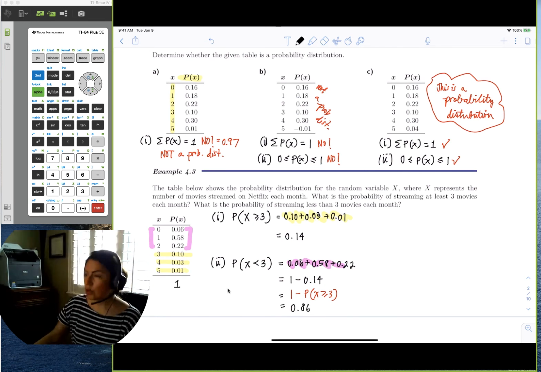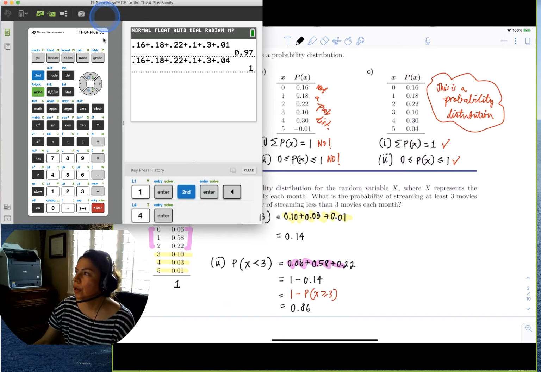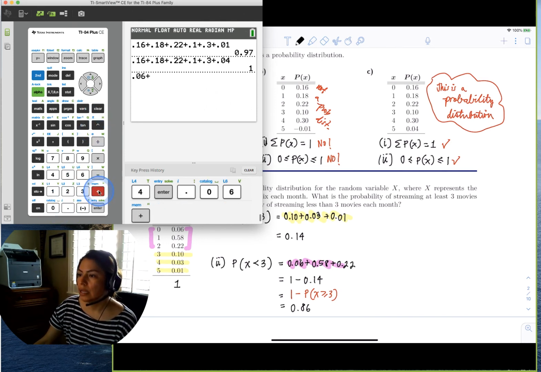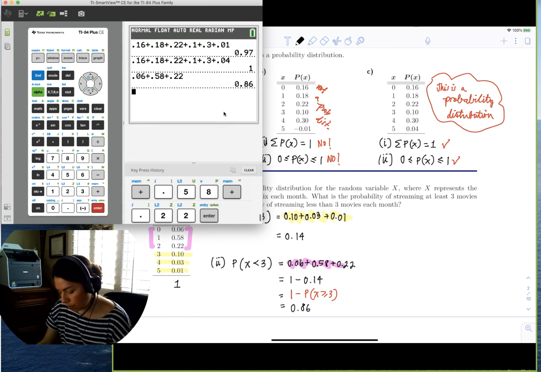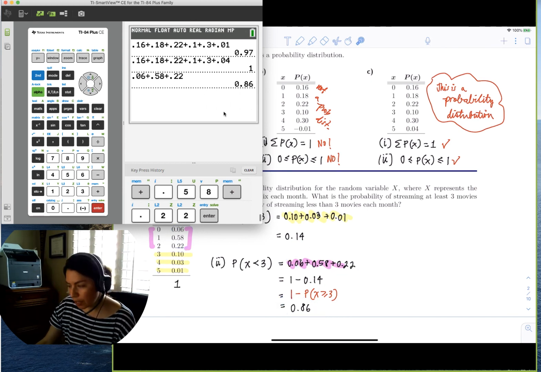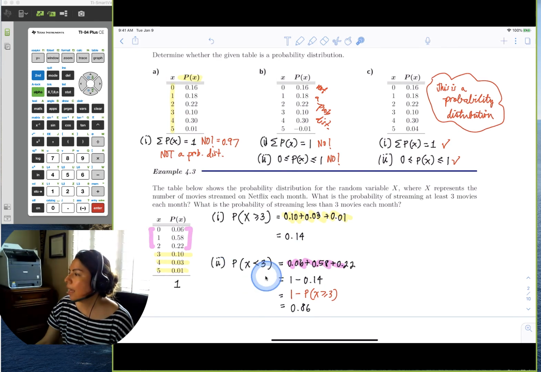And notice I would get 0.86. So if I went to my calculator and I added up 0.06 plus 0.58 plus 0.22, I would get 0.86, right? But if I realize on the table that having less than 3 is just 1 minus the sum of these, which I just found in the first part, it's also still 0.86.